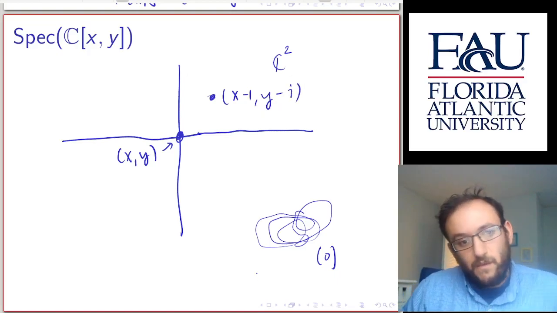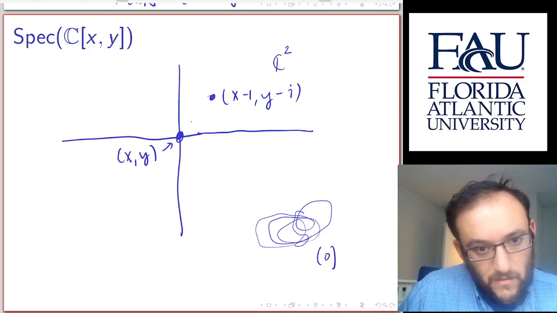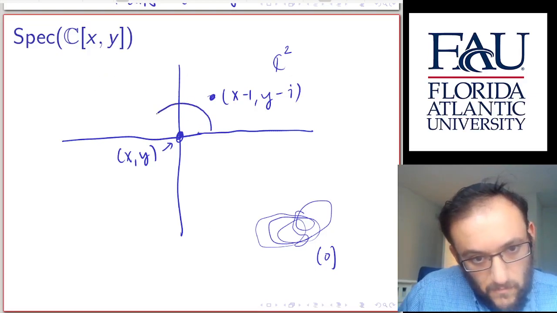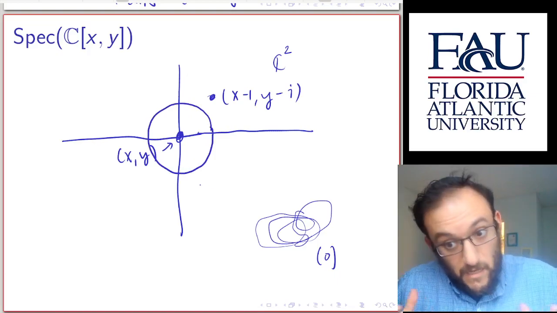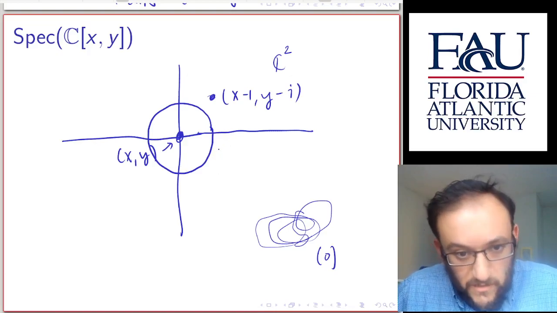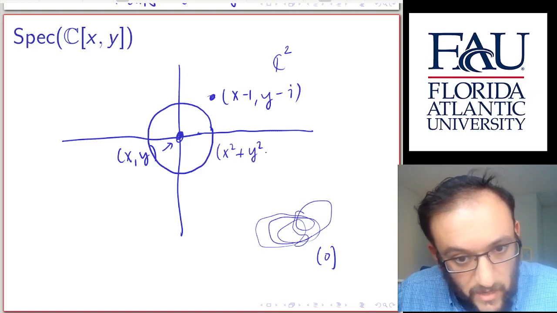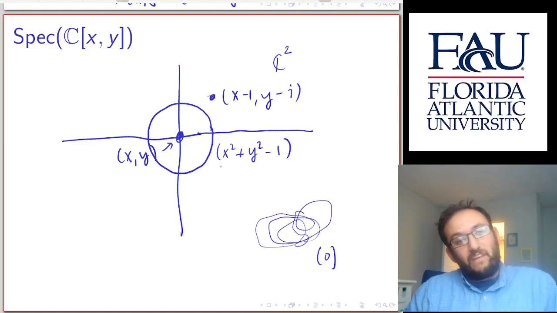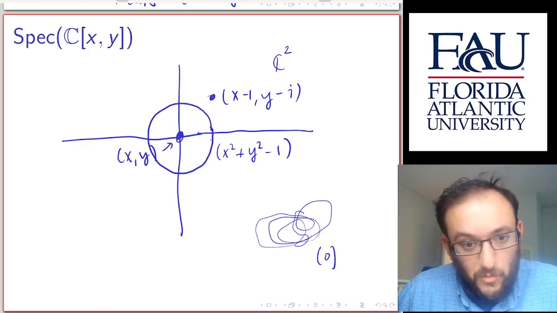But then you also have these subvarieties, these solution sets to irreducible polynomials. So this corresponds to x squared plus y squared minus 1. And when you take the closure of that, you get all of the individual points inside here.